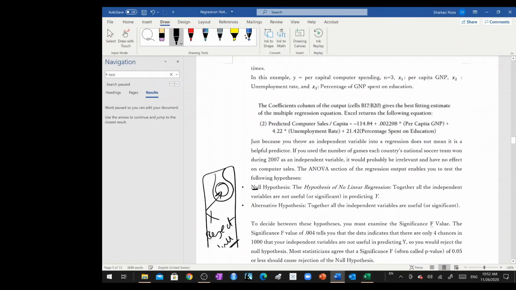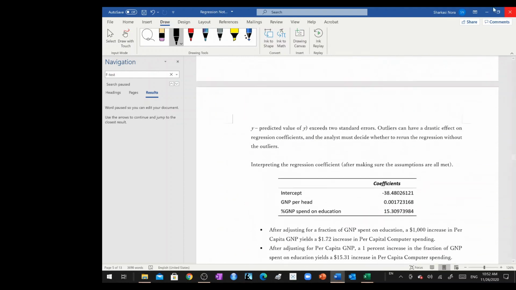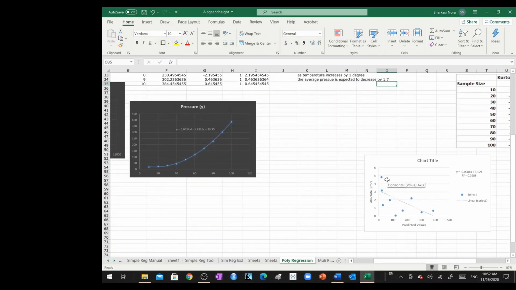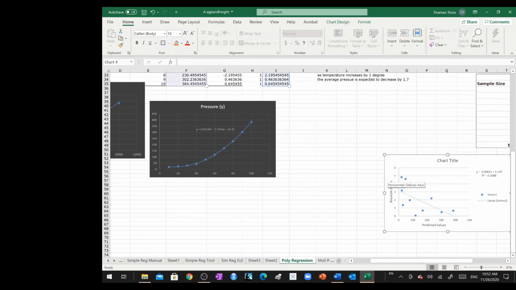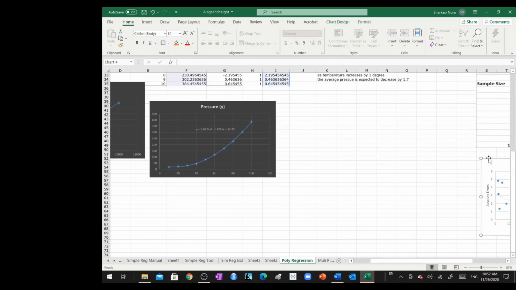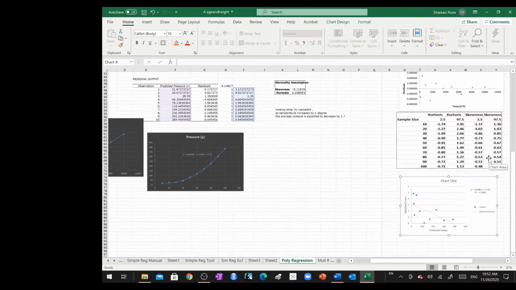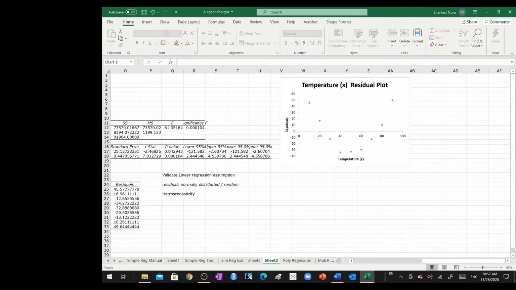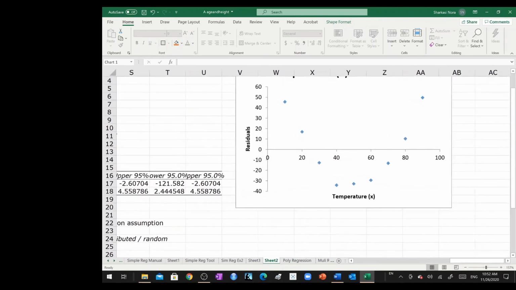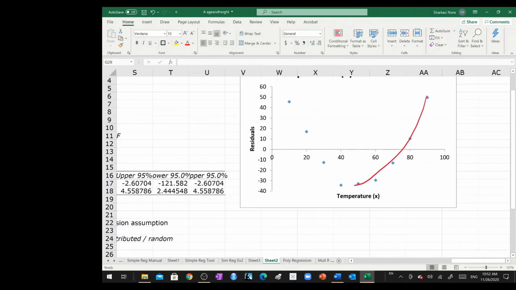I have another example for you. I don't have another example over here, but let me just give you another example very quickly before I let you go, guys. Let's say, for example, your quadratic formula exhibits something like this, and it's not residuals.